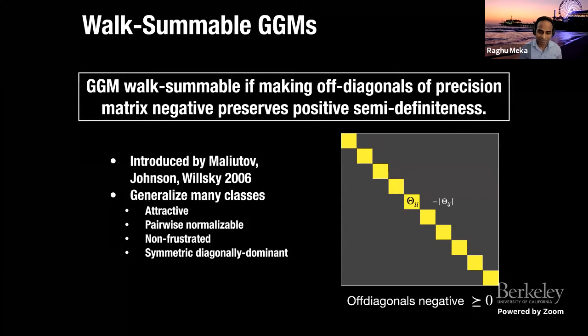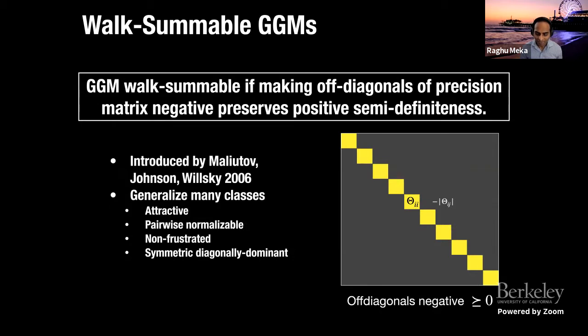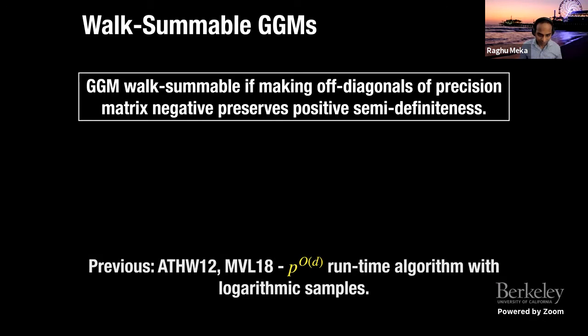Something called non-frustrated models, they are walk-summable. And there's something called symmetric diagonally dominant, which we'll look at later on, and they're also walk-summable. So this is the most general class that we look at, and they're actually well studied both in the context of GGMs as well as in other contexts in statistical physics.